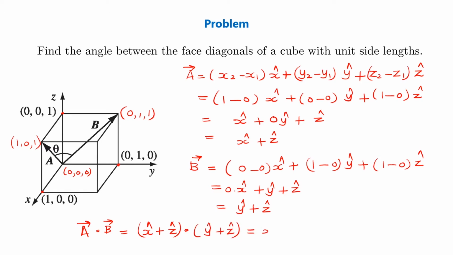So this is equal to x hat dot y hat plus x hat dot z hat plus z hat dot y hat plus z hat dot z hat. Since x and y are mutually perpendicular, this dot product is 0, this dot product is 0, this dot product is 0, and this is equal to 1. So A dot B is unity.